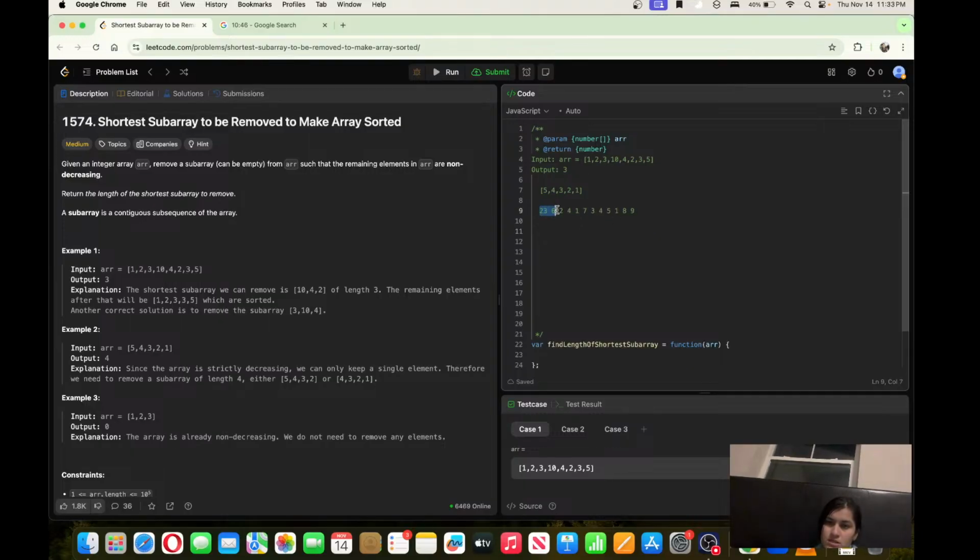So for 2 6 23 6 2 4, this is not possible at all, so I have to remove 23. 23 6, this is totally decreasing. It is only increasing from 3 3 4 5.